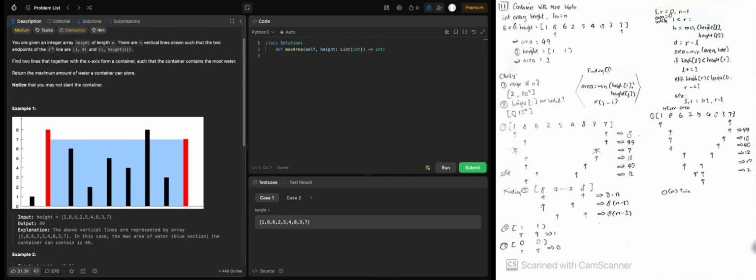Then we have this, which is 2. Then both are at the same point, and the while loop will end, we exit, and then we return the area.